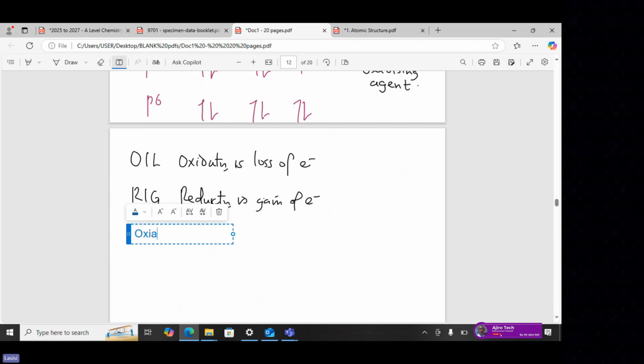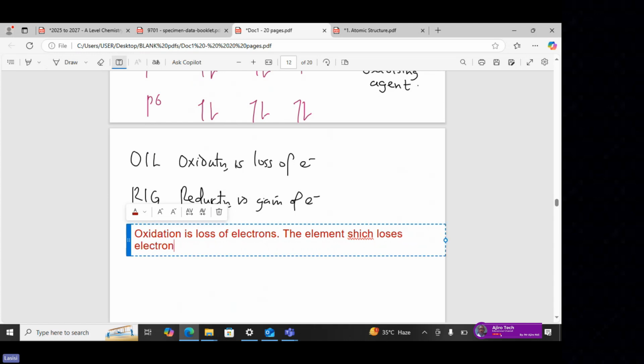Oxidation: loss of electrons. The element which loses electrons has been oxidized.